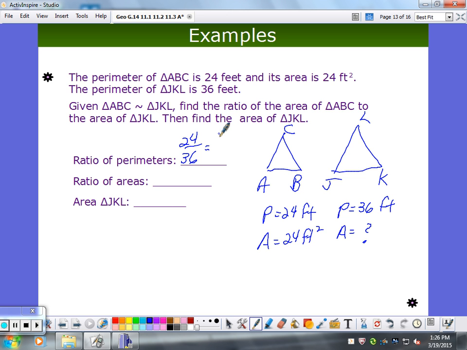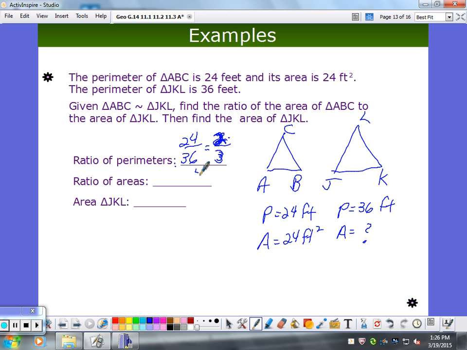So divide by 12, and that becomes 2 over 3. So what's the ratio of the areas? Well, that's the ratio of perimeters. Ratio of areas, 4 over 9.